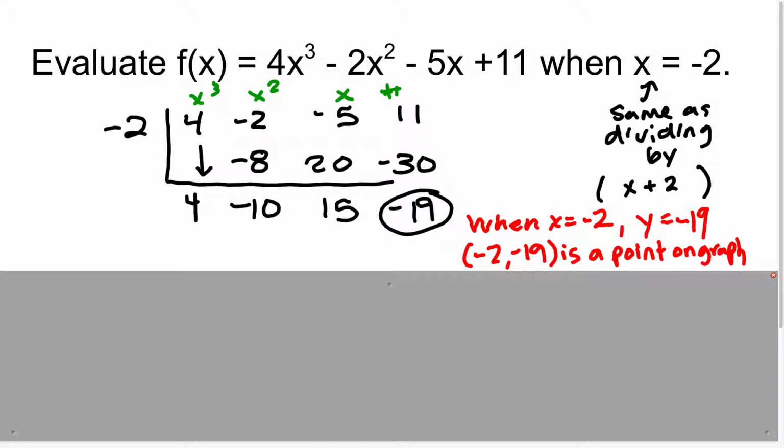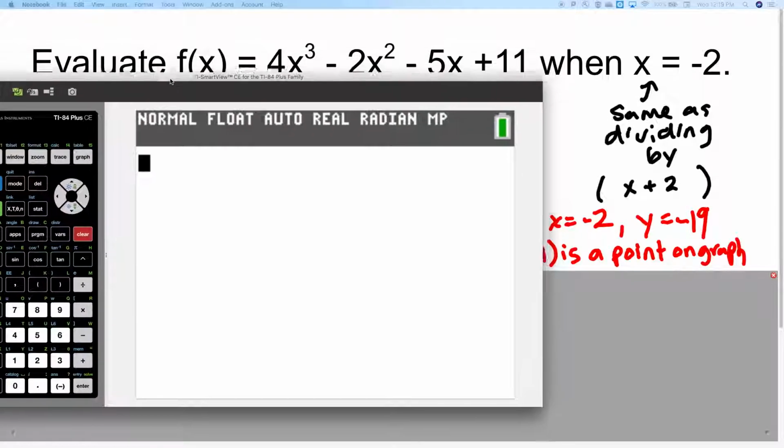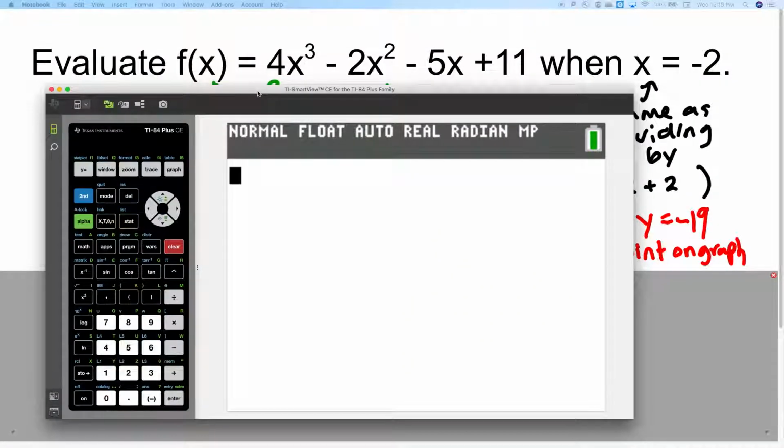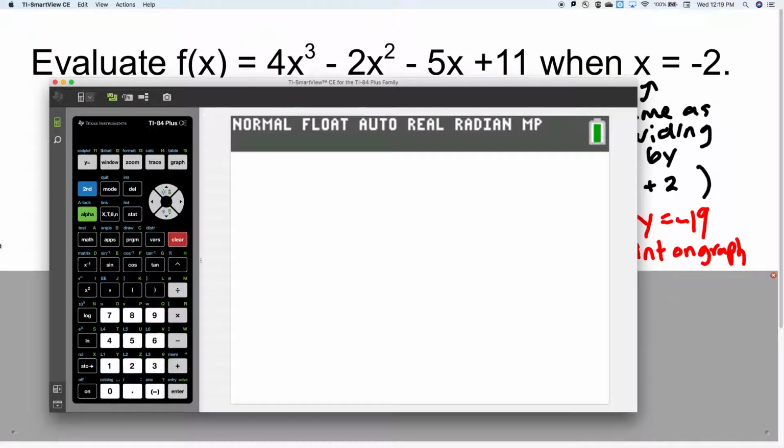Now I'm going to pull over my calculator on my screen and verify that this makes sense. Remember before we did it with synthetic, I said we could have just plugged in -2 for all those x's, right?